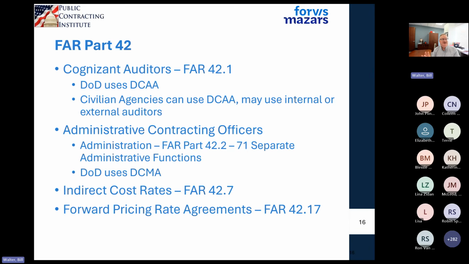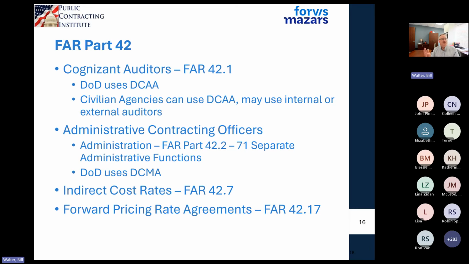Because most of what DCAA audits is cost. If it's a price determination, contracting officers have lots of people to help them with that. But if it's a cost issue, DCAA is the recognized expert for government contracting within the channels of the government.